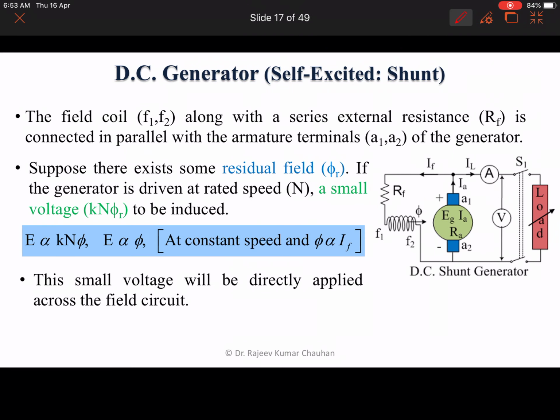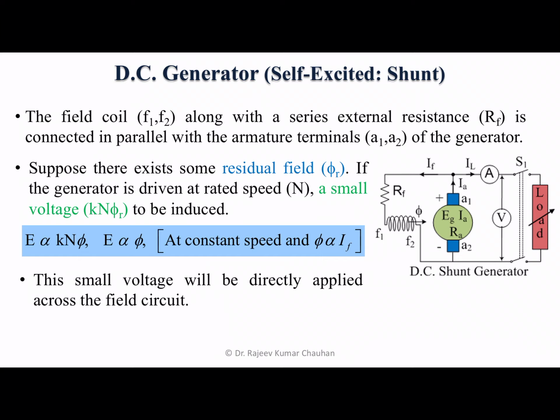Now, these are the connections of a DC shunt generator for the no load condition, or we can say we want to check how the voltage will be built up inside the DC shunt generator. Okay.